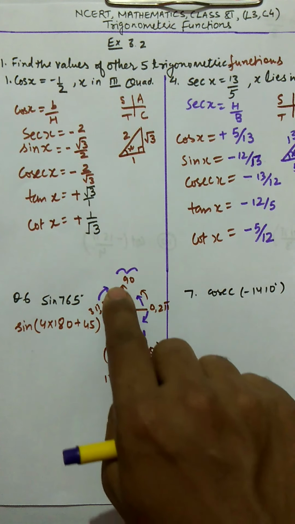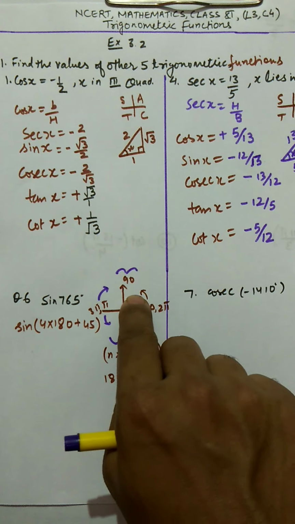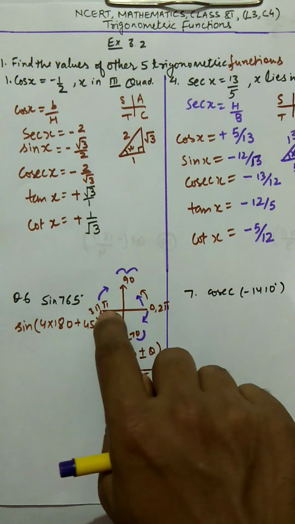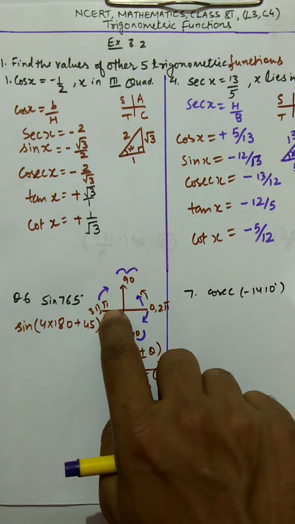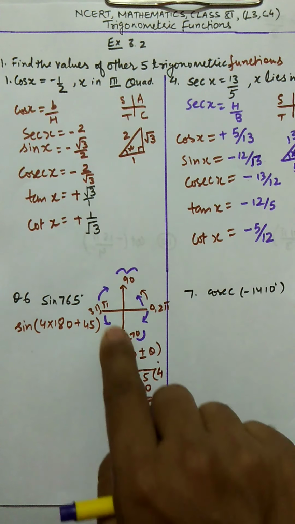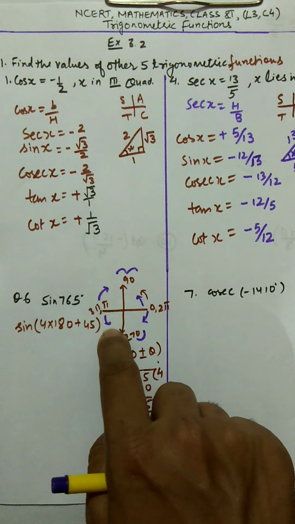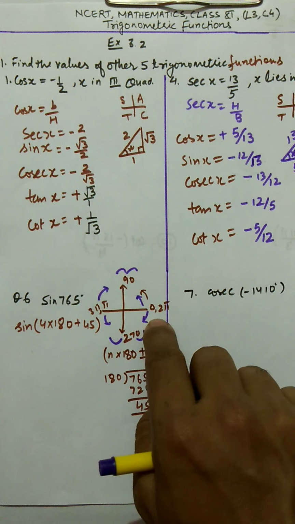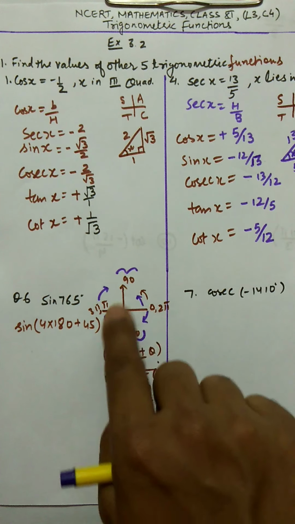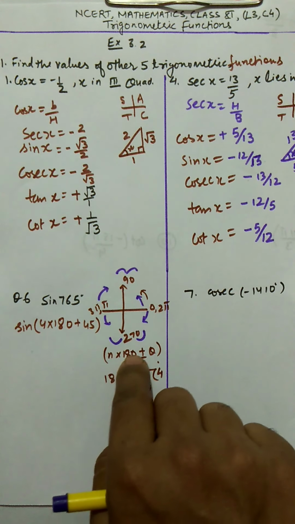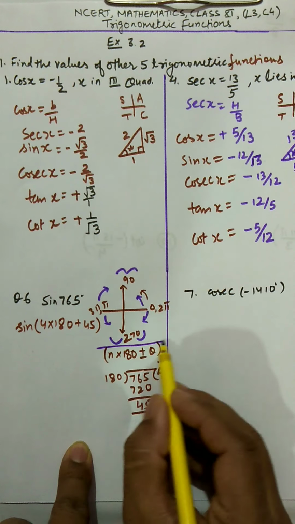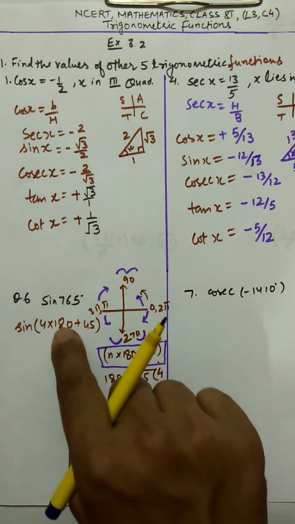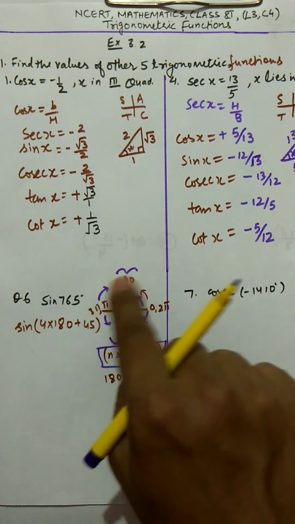Like for the first quadrant, we can write 2 pi plus something, and if it is in the second quadrant, we can go like pi minus something. If it is third, then we can write pi plus something, and if it is in the fourth quadrant, we can do 2 pi minus something. So if we take the help of this base, which I'm putting in this rectangular box, we can go with the help of this form to any of the quadrants.